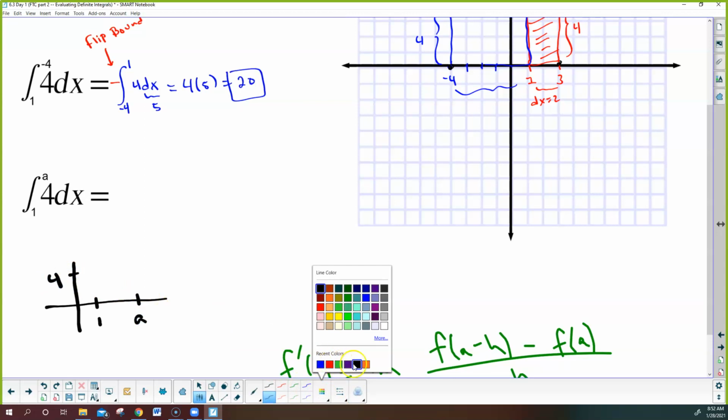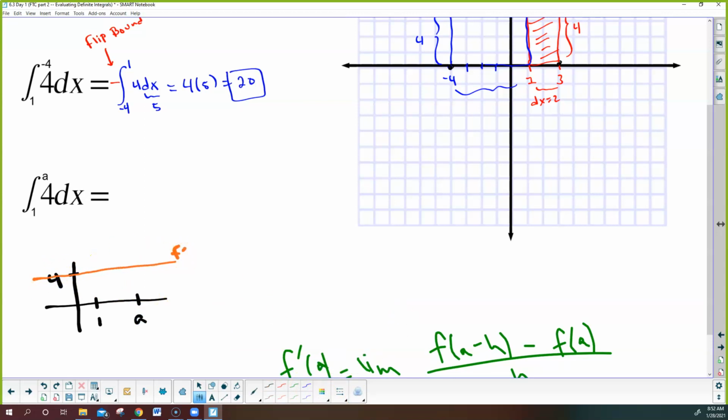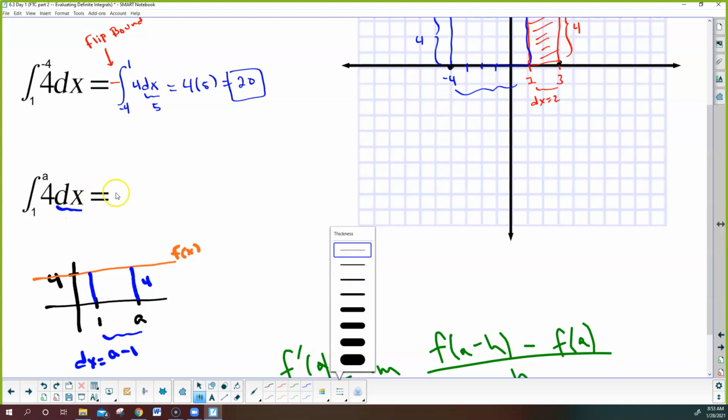I don't need a super detailed graph, but here's f of x, and I'm going to start at 1 and go to 4. I know the height is 4, but what is the dx? Well, the dx is the upper bound minus the lower bound. It's the change in your x values. So how could I write this? Well, area is the height times the width.